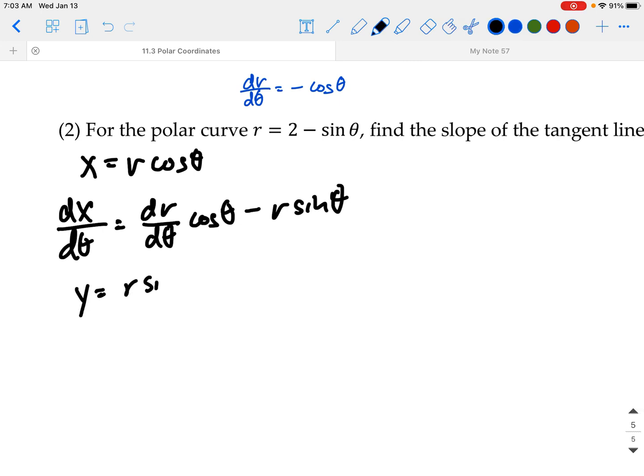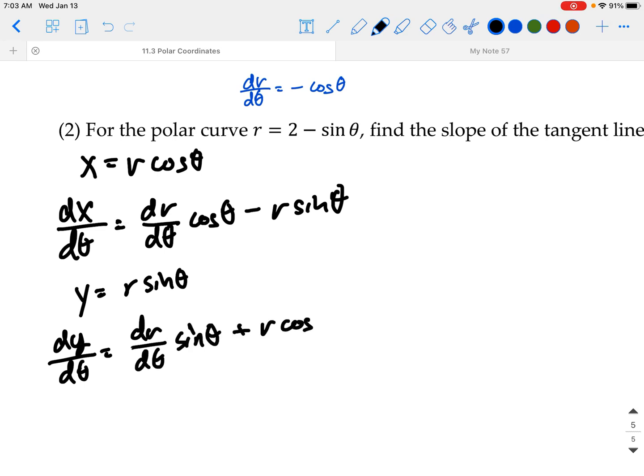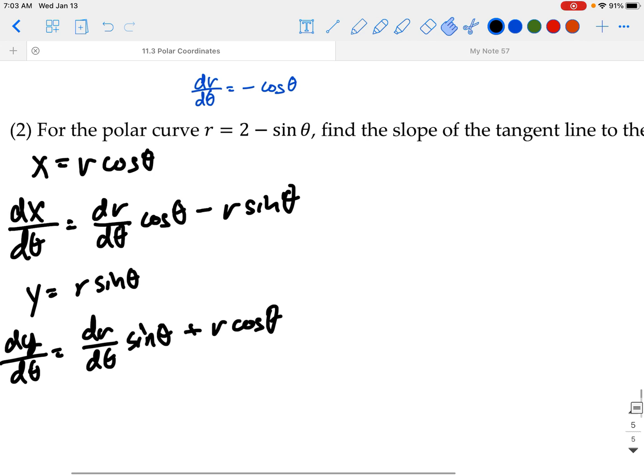So y is r sine theta. So dy d theta is equal to dr d theta sine theta plus r cosine theta. Okay, so now we can substitute values in before we write our dy dx term.